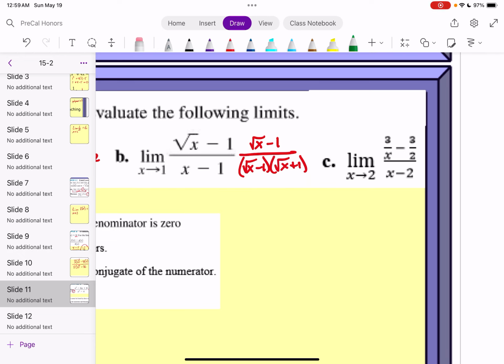At that point, we can simplify our numerator and denominator, and we're left with 1 over the square root of x plus 1. We go ahead, plug in 1. The square root of 1 is 1, which leaves us with 1 over 2 as a final answer.